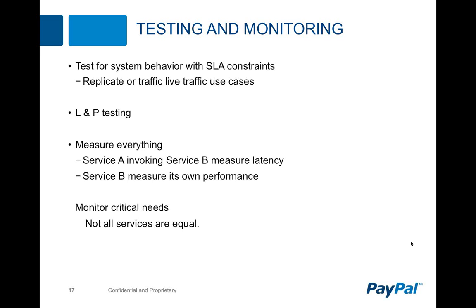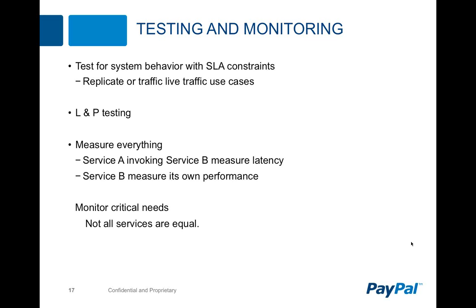But what is critical is you have to do all this, whenever possible, as much as you can. Just because you measure everything doesn't mean you have to monitor everything. What you monitor is your core needs. You try to monitor as much as you can, but then you are spread thin. So measure as much as you can, but monitor based on your needs. Like I said, not all data is equal.